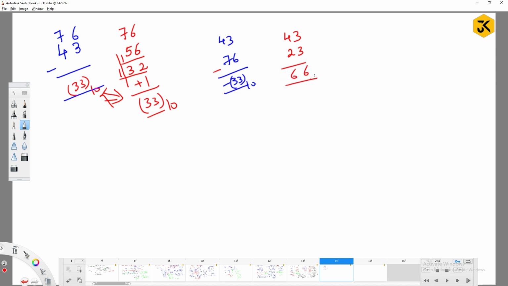Did you get any kind of carry here? If there is no carry, you have to first find out its complement, that is 33, which is x minus y. Complement is minus of x minus y. So you are going to get x minus y as minus 33 base 10.